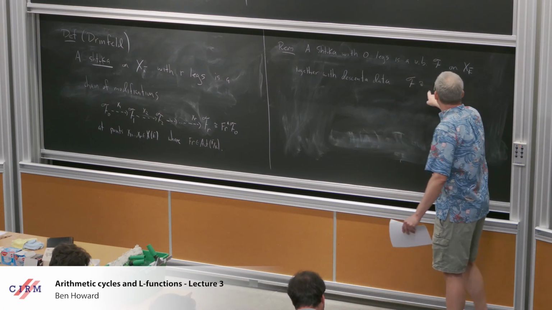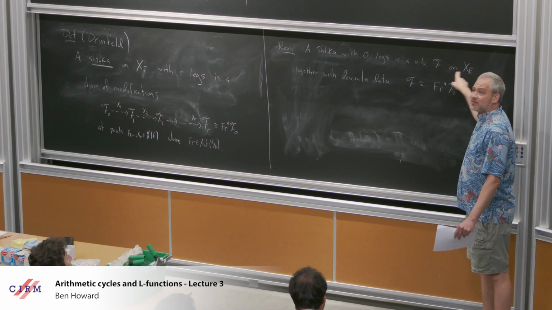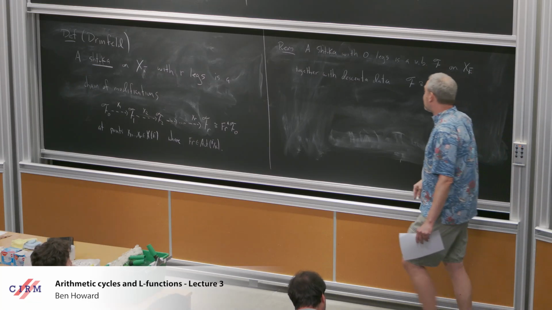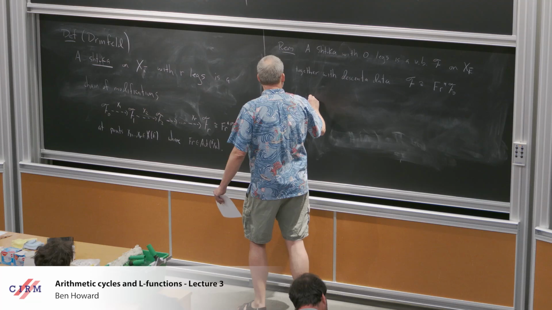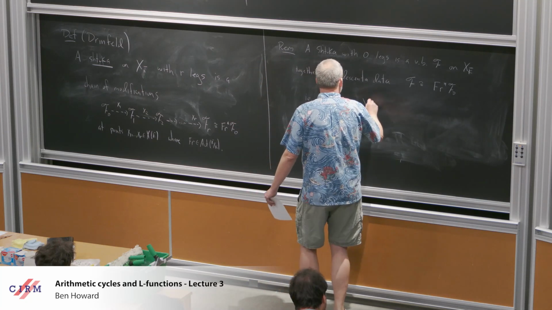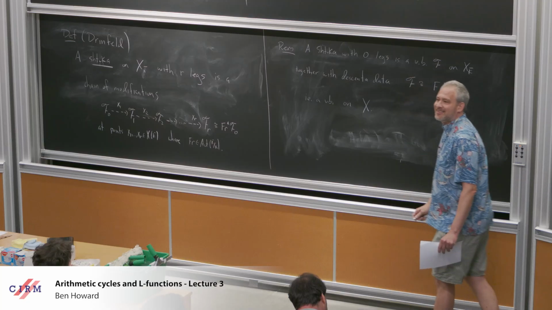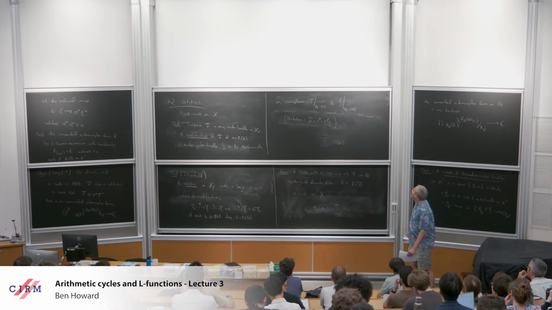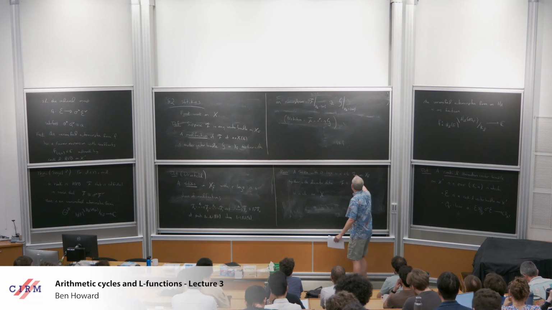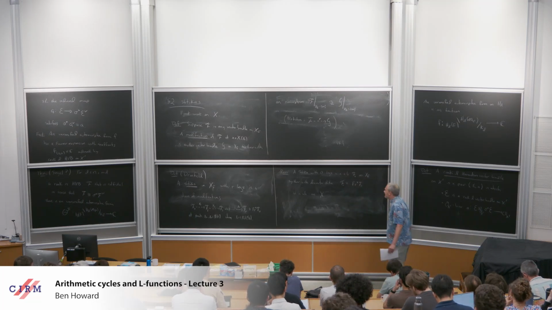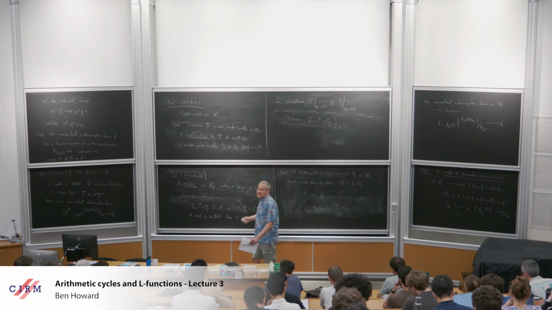But this is descent data all the way down to k. So a vector bundle over the base change with descent data is a vector bundle all the way down on k, i.e. a vector bundle on X. That's what a shtuka with 0 legs is. So that seems reasonable, right?